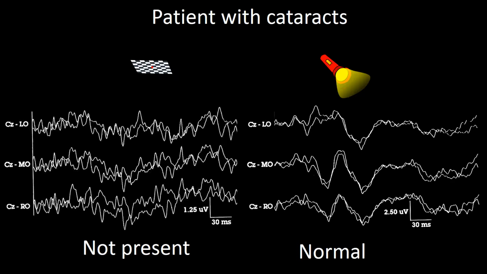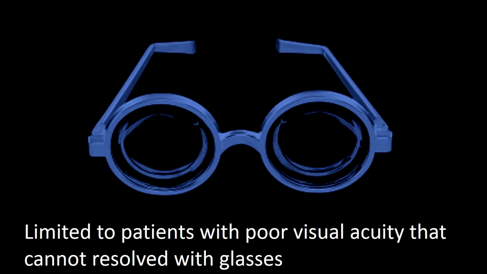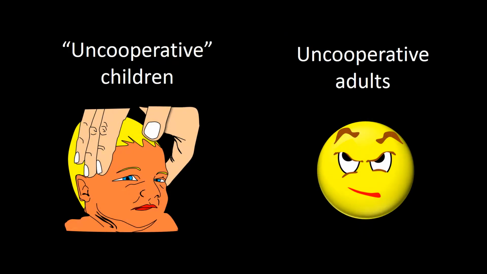A normal flash VEP suggests that correction of the cataract will greatly improve vision in this patient. So flash VEP is a study of choice in patients with poor visual acuity that cannot be corrected with glasses, in uncooperative children and uncooperative adults.